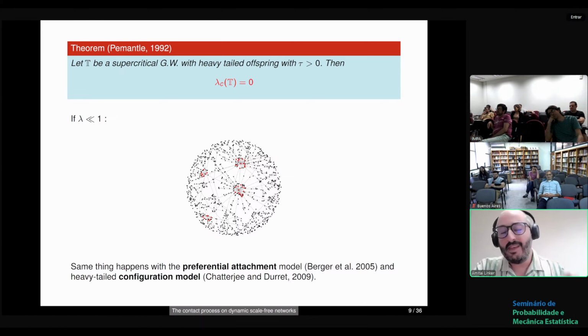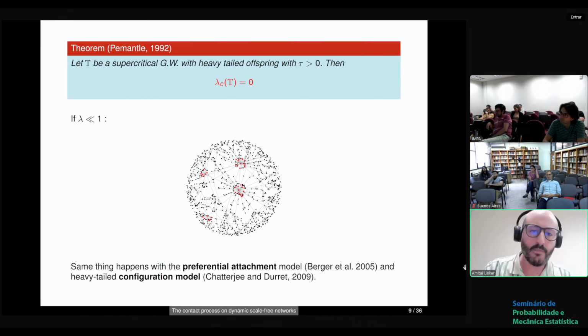The same property happens with the preferential attachment model and the heavy tail configuration model. These are results by Berger and by Chatterjee and Durrett. So these are all finite networks, and the fact that the network studied here is infinite doesn't really play a role.